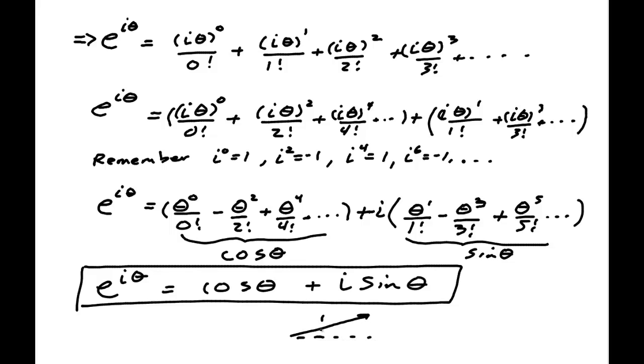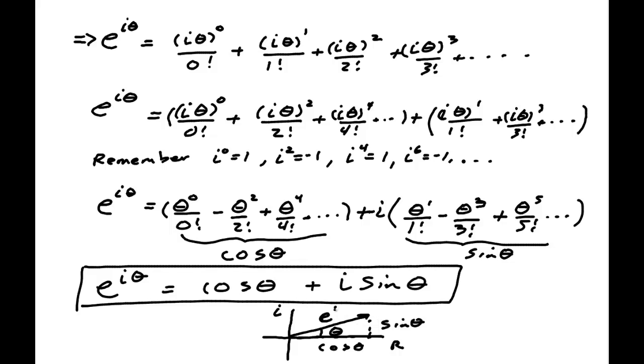And so if that's 1 and that's theta in the complex plane, this is sine theta, this is cosine theta, this is the real, this is the i, the imaginary. So i sine, that's this side. This side is this. You add this side plus that side, and you get this arrow.